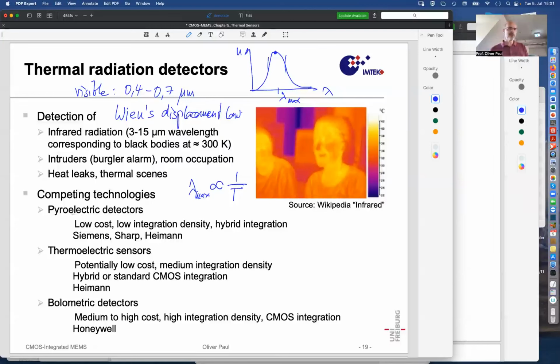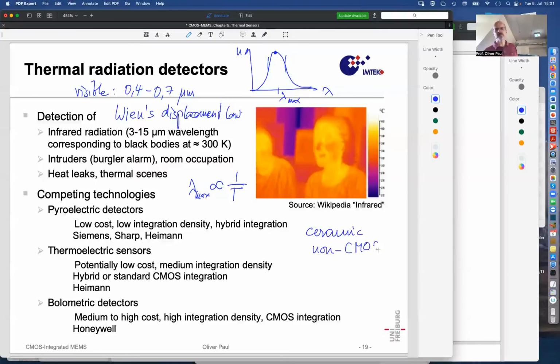So there are several types of detectors: pyroelectric detectors, thermoelectric and bolometric detectors to detect this kind of thermal radiation. Pyroelectric detectors are based on ceramic materials. So this is very non-CMOS.